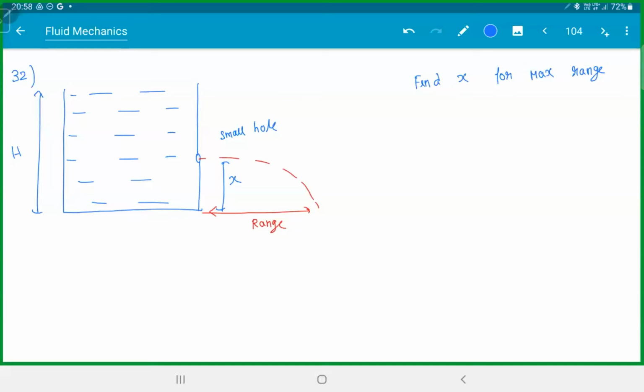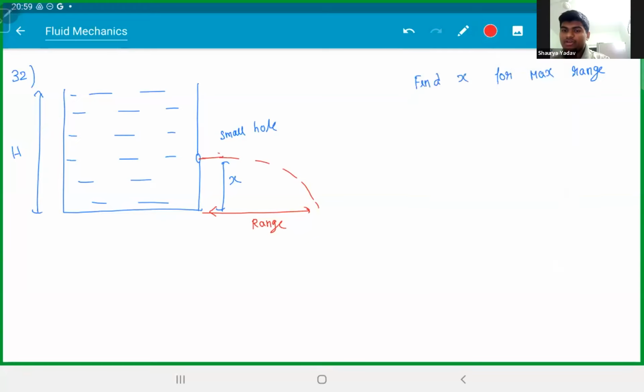Try. Easy one. What is the velocity when it comes out?